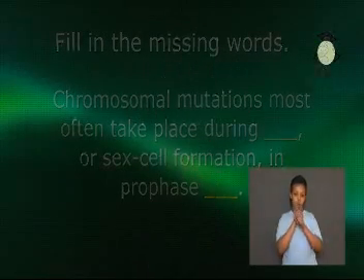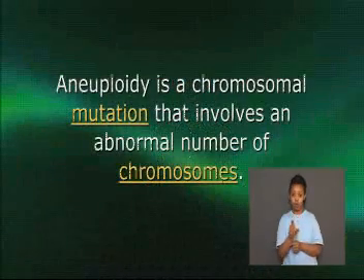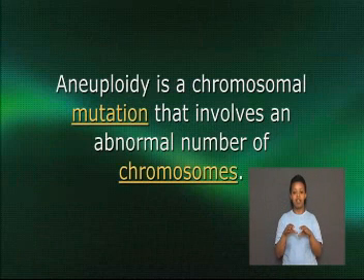Time's up. Let's get back to our lesson. Hello, class. Were you able to fill in all of the missing words correctly? Aneuploidy is a chromosomal mutation that involves an abnormal number of chromosomes.